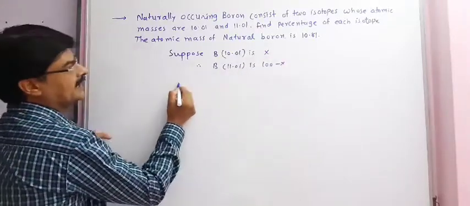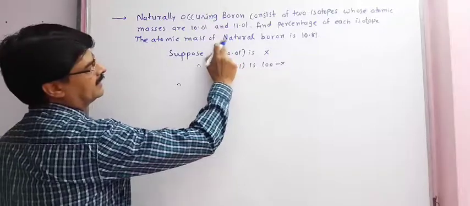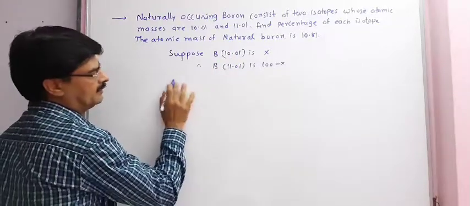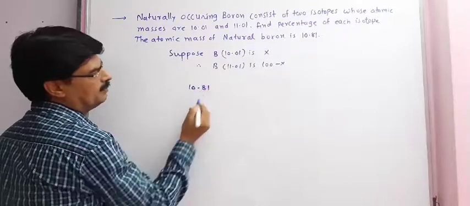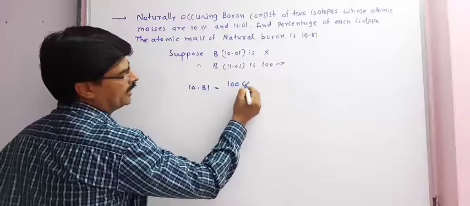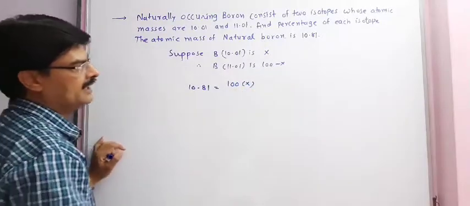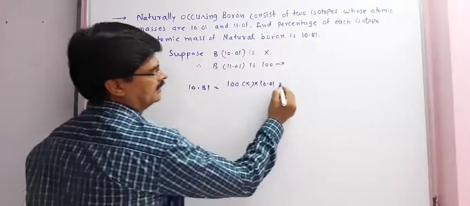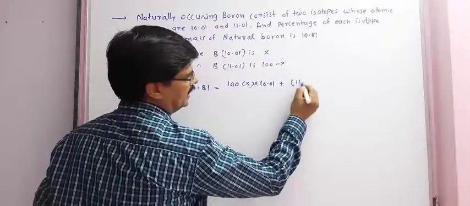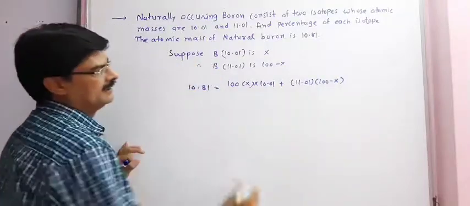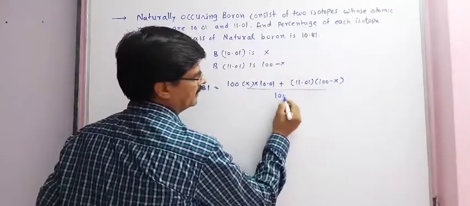Therefore, as it is given that the atomic mass of natural boron is 10.81, we can write 10.81 is equal to X into 10.01 plus 11.01 into (100 minus X), divided by 100.